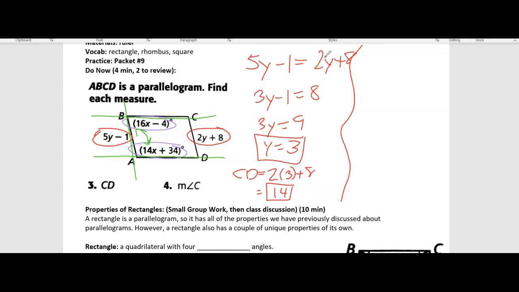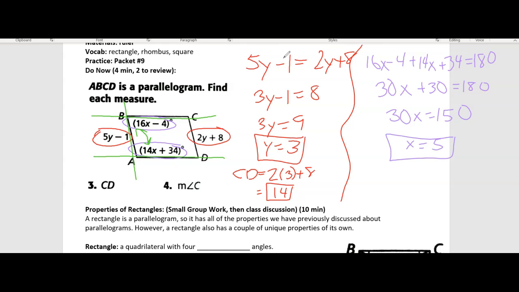It's because parallelograms have parallel lines. So I get 16x minus 4 plus 14x plus 34 is equal to 180. That's going to give me 30x plus 30 equals 180. That's going to give me 30x is equal to 150, and that's going to give me x is equal to 5.